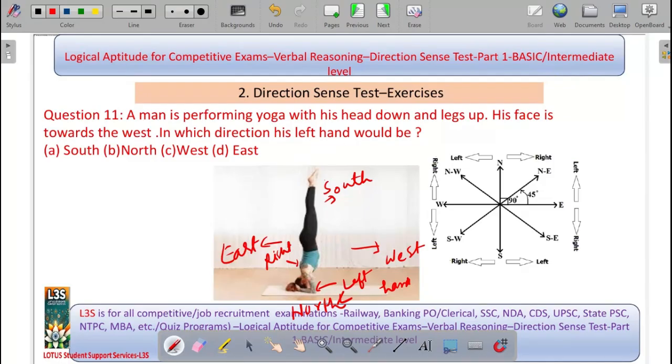From this picture we can see that when he looks towards the west with his head down, his left hand will be towards the north side. So the answer is north, and his right hand will be on the south side.